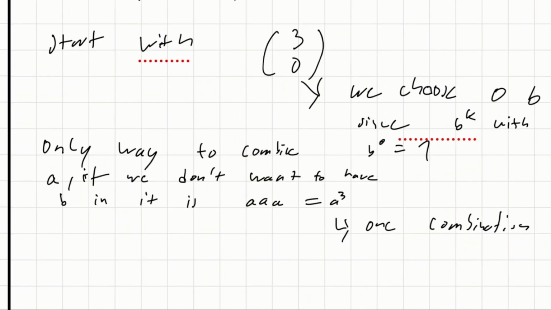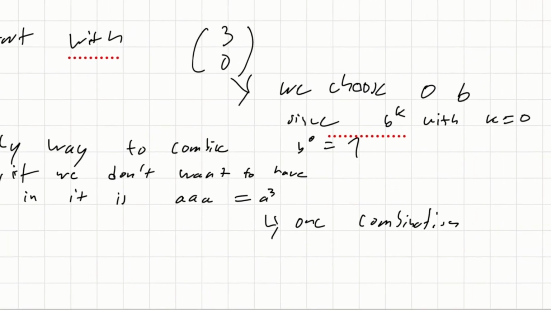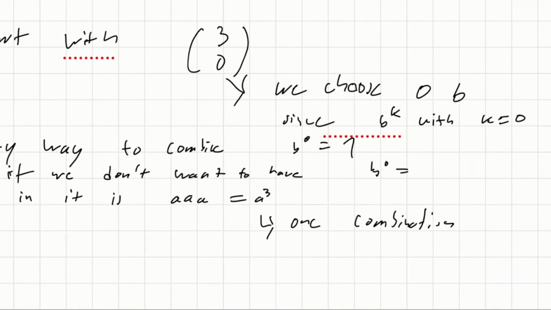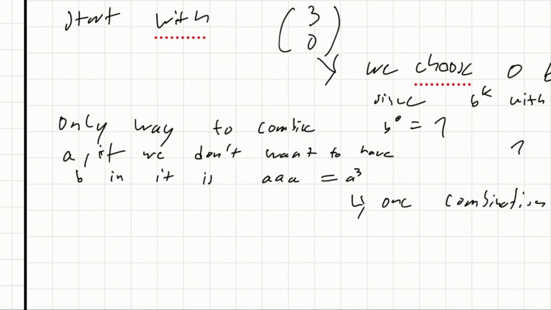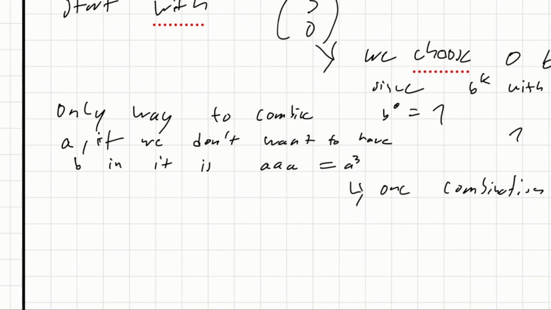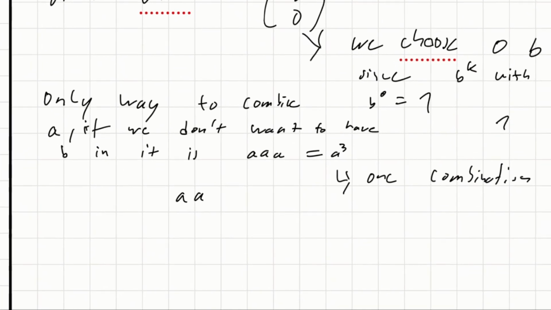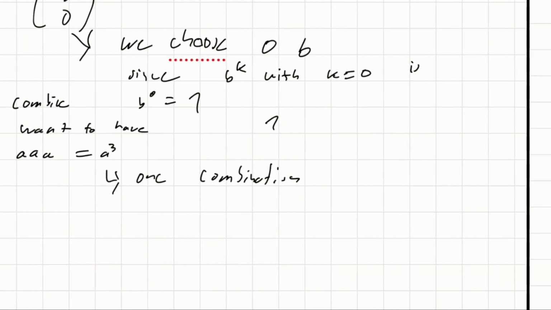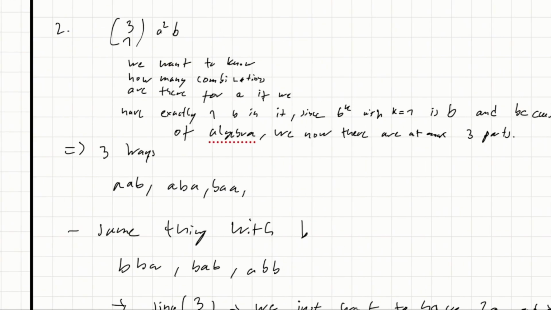This means the only way to combine A, if we don't want to have a B, because b^0 equals 1, is to make A times A times A, and this equals a cubed. So this is the only way. We remember there's only one combination.